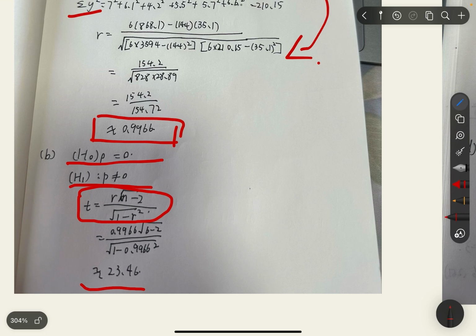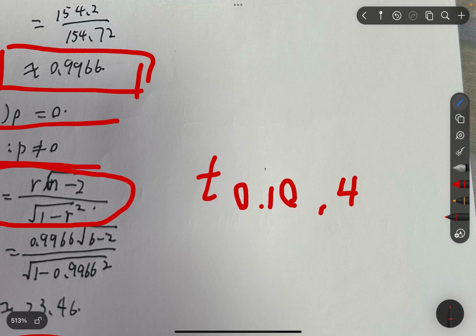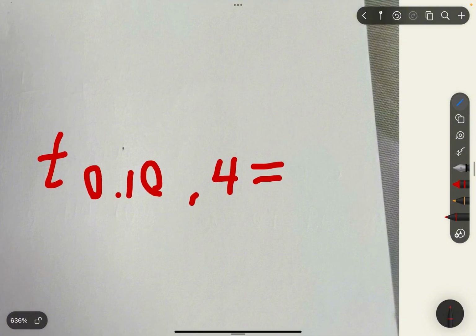Then the critical value for n minus 2, equal to 4 degrees of freedom, and alpha equal to 0.2. We look at the critical values in the t distribution table. The two-tailed critical value for alpha equal to 0.2 and 4 degrees of freedom is approximately 1.533.